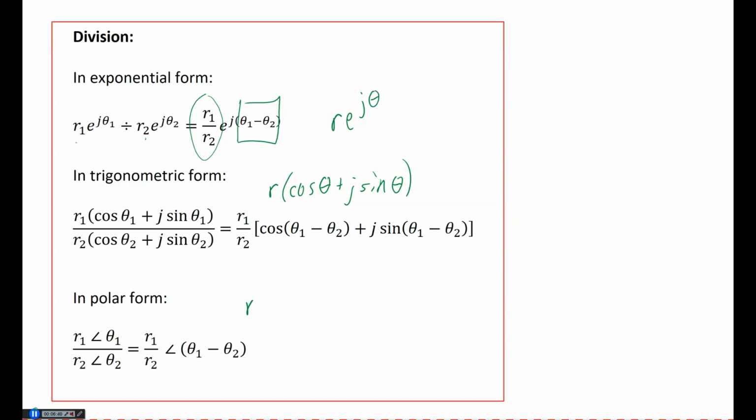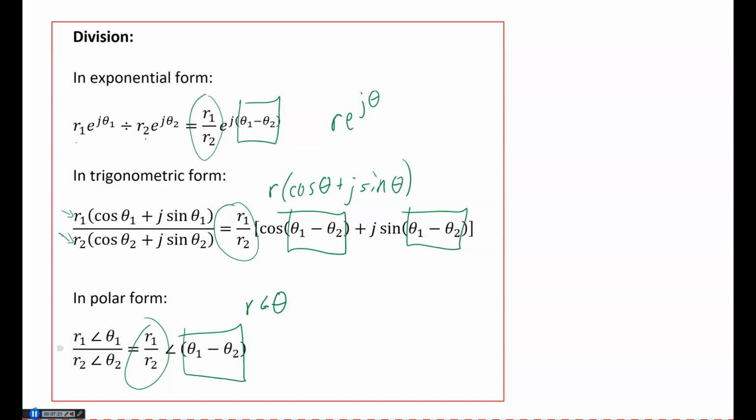And in polar form, it will take the form of r at an angle of theta. So notice in each trigonometric one, we are dividing the r's, subtracting the angles, so we should get the same angle in both of those positions. And then in polar form, r1 angle theta 1 divided by r2 angle theta 2 will turn into r1 over r2 and the angle theta 1 minus theta 2.